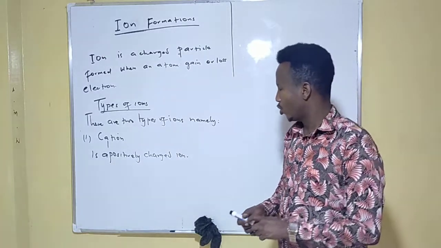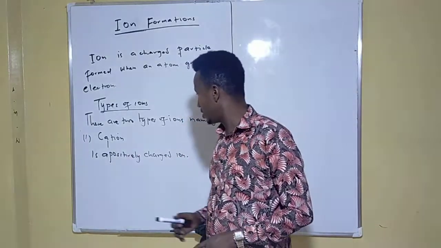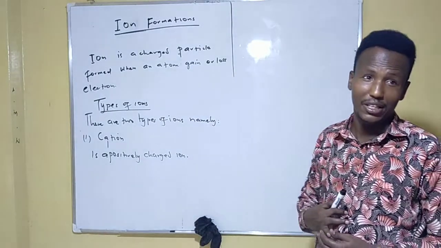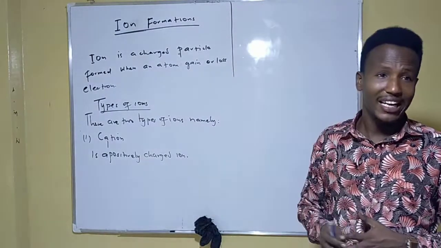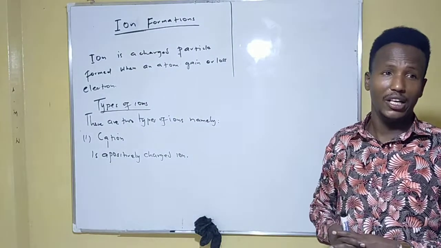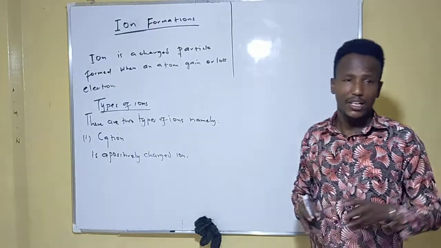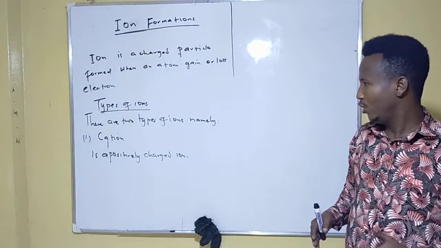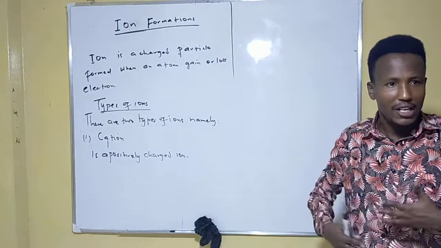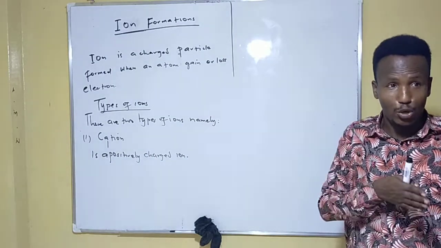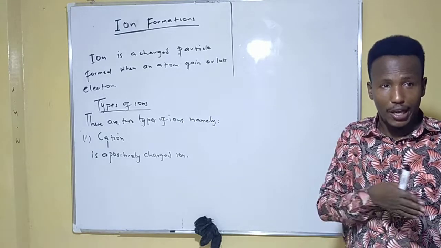Ion formation can be demonstrated or shown using two formats, that is the equation format or the diagrammatic format. So formation of ions can be demonstrated in two ways: in equation form or in diagrammatic form.